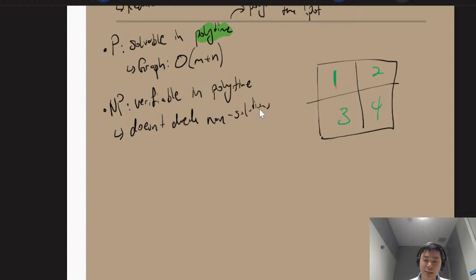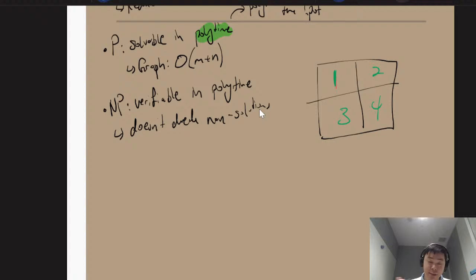But if I give you an incorrect solution, I can verify very easily that this is not a solution, but it doesn't mean that a solution doesn't exist in the problem. It just means that I won't be able to find a solution. Because if I were able to find a solution, then I would be able to solve it in polynomial time.